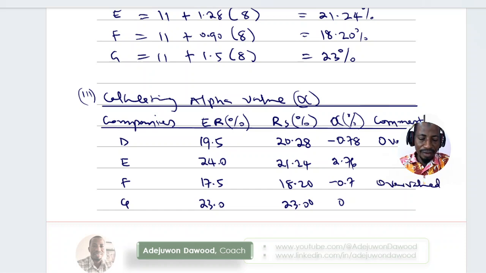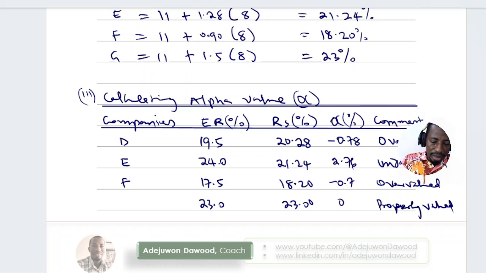If the alpha value is positive, greater than 0, then it is undervalued. If the alpha value is equal to 0, it means that it is properly valued. So that's that. We are done.